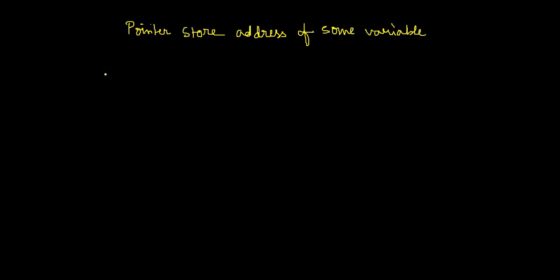Now next question is, what is the data type of a pointer? Actually, pointer has no specific data type. Data type of a pointer depends on the data type of the variable whose address I am going to store within the pointer.